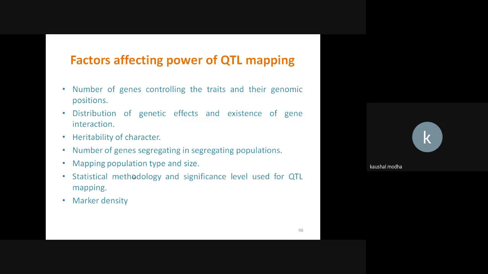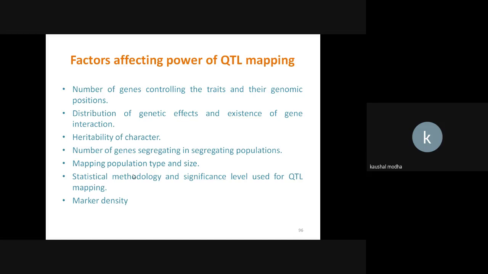Because with high heritability, environmental influence is lower, and most of the phenotypic variance present in the population is expressed by the genetic means, the QTLs, the DNA fragments. But if the heritability is low, meaning there is more environmental contribution to the trait, then the power will go down.